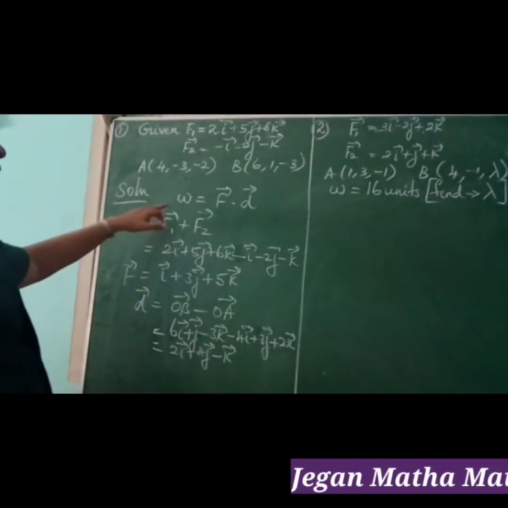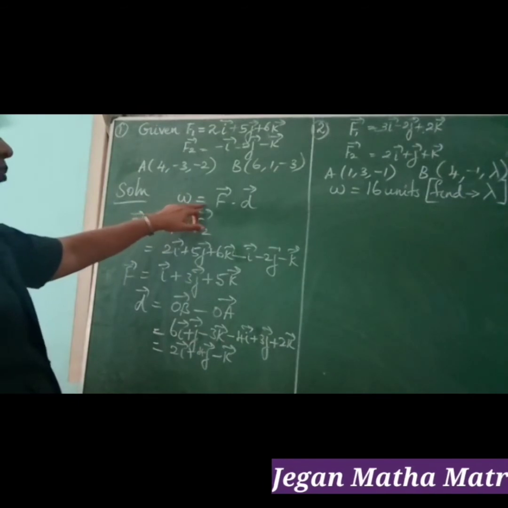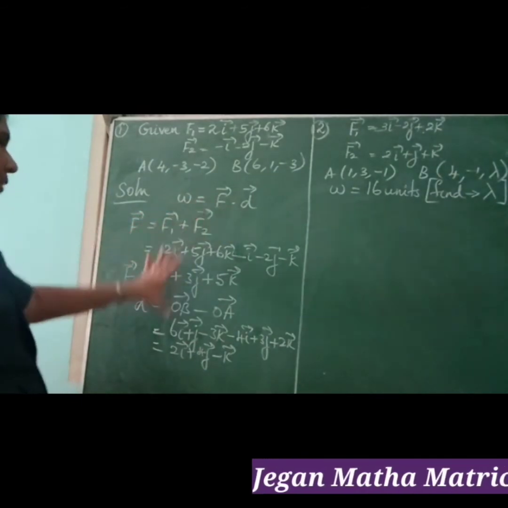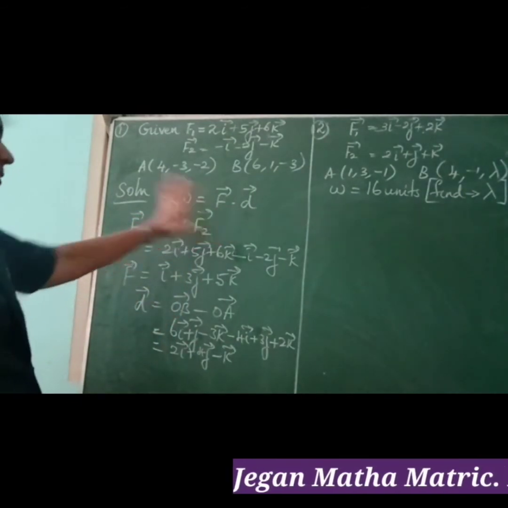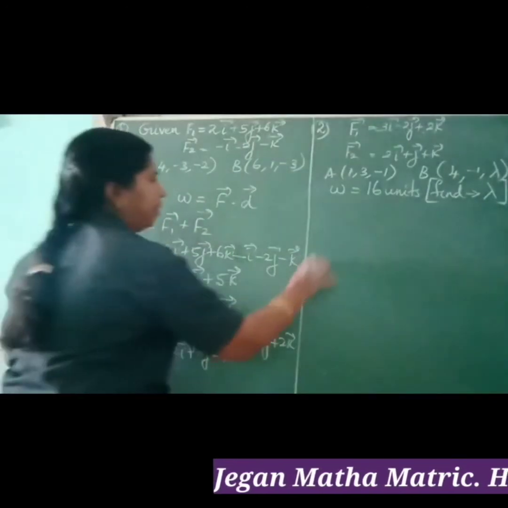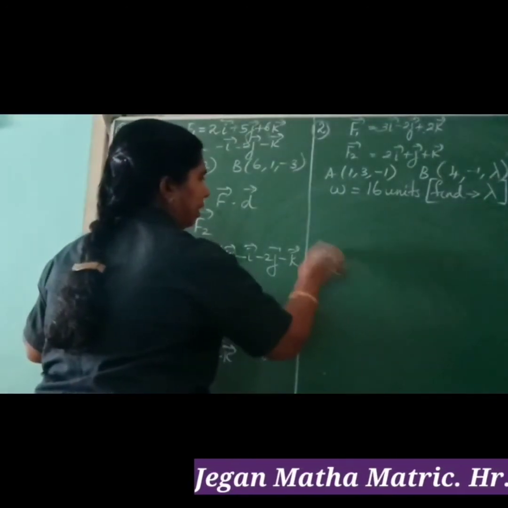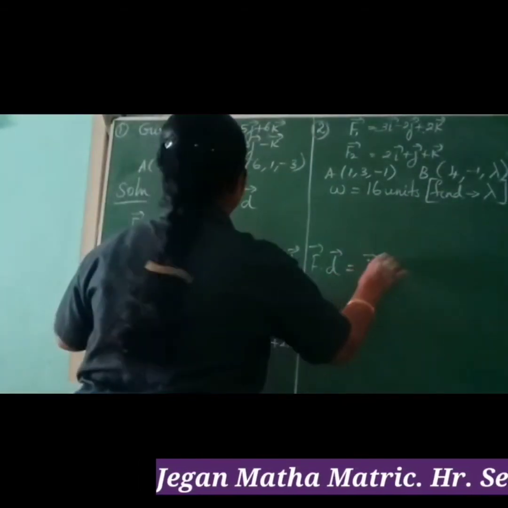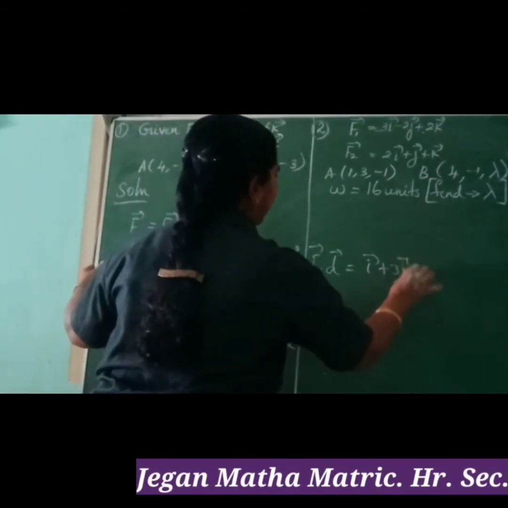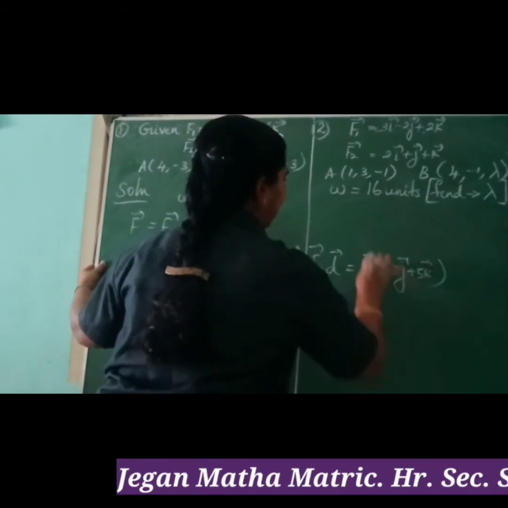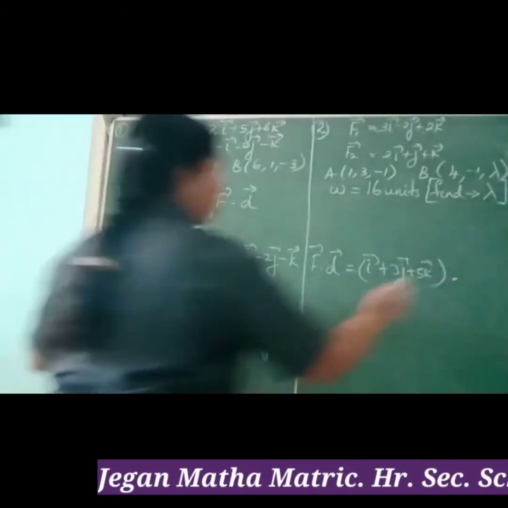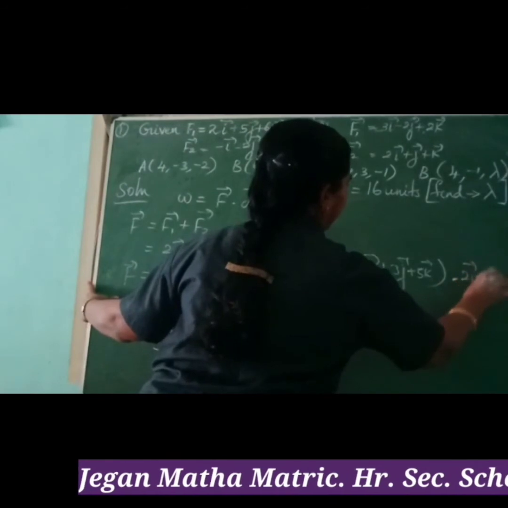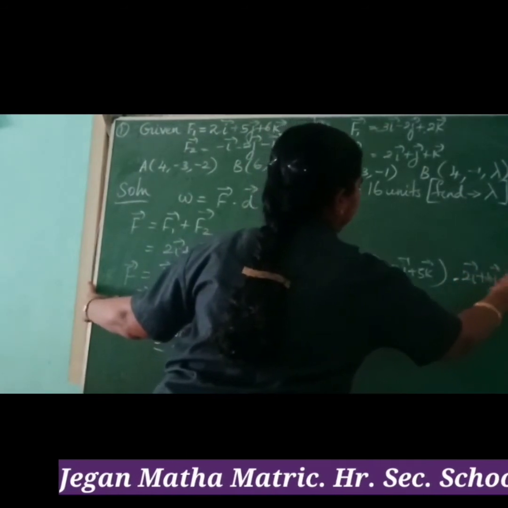The formula to find out the work done is W is equal to F dot D. So if these two values when you are substituting, we will get the answer. So F dot D is equal to i plus 3j plus 5k dot 2i plus 4j minus k.